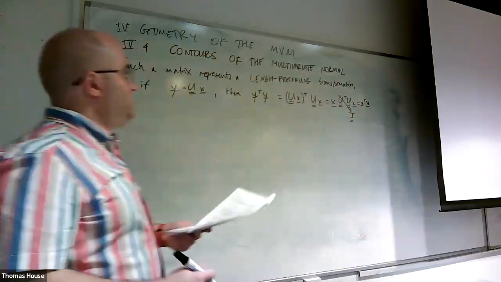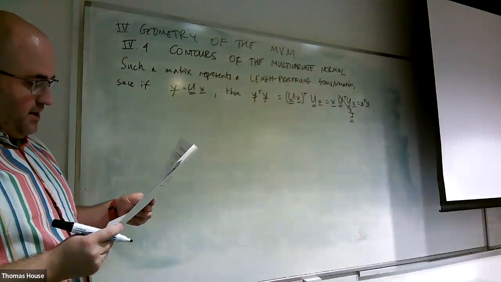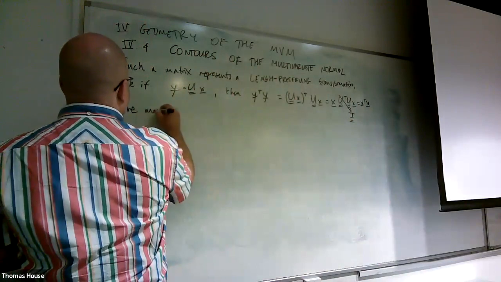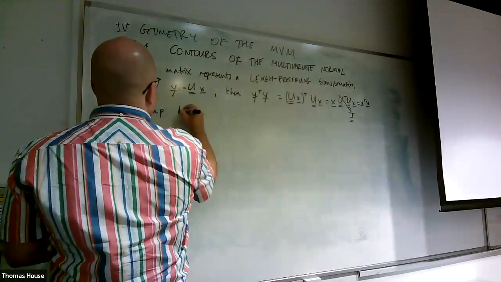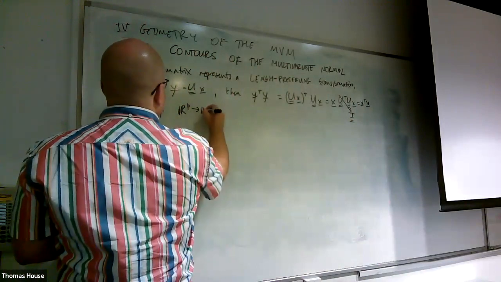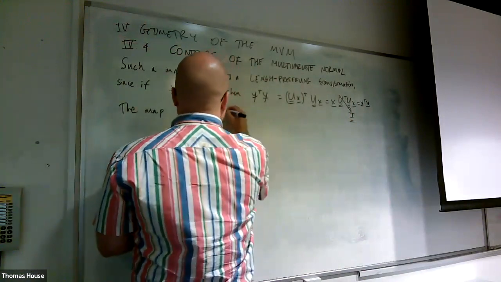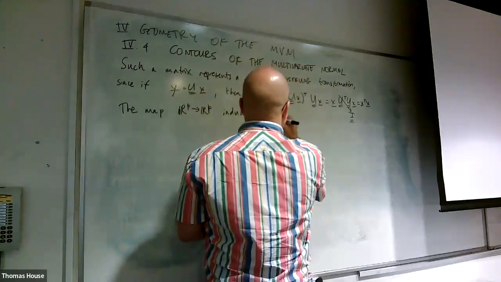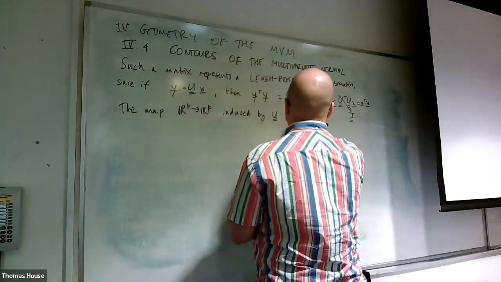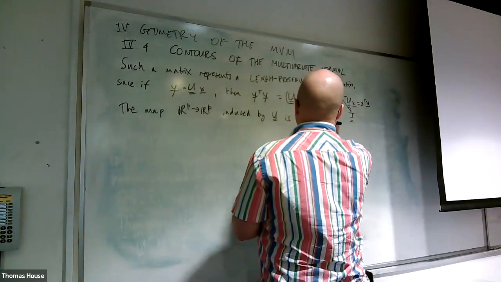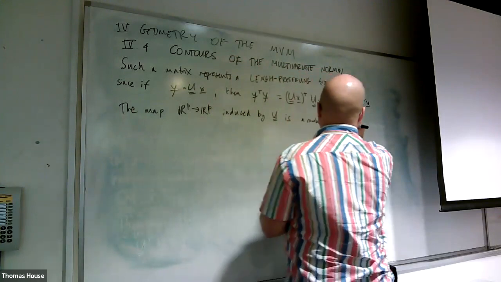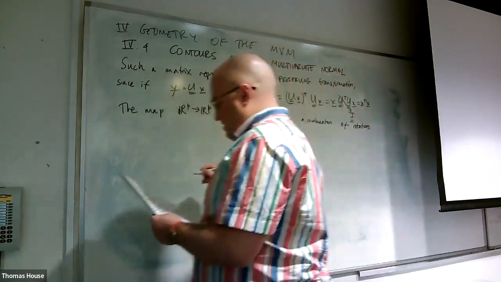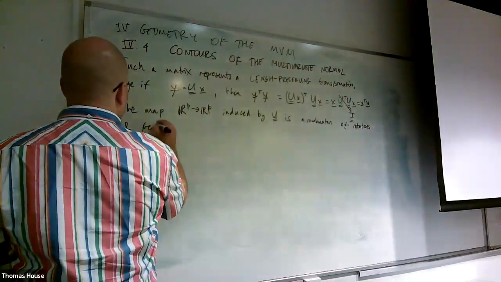So it preserves the Euclidean length. Okay. So that means that the map from R^p to R^p induced by U is a combination of rotations and reflections.